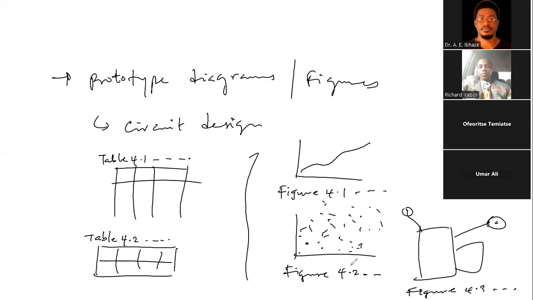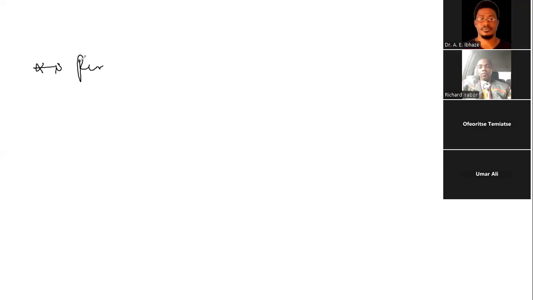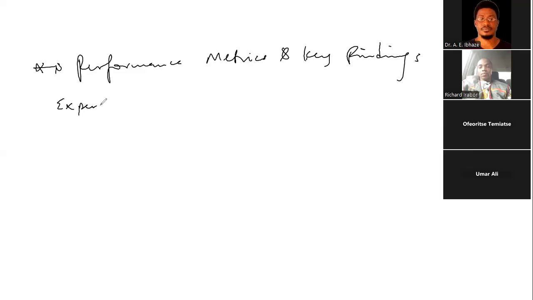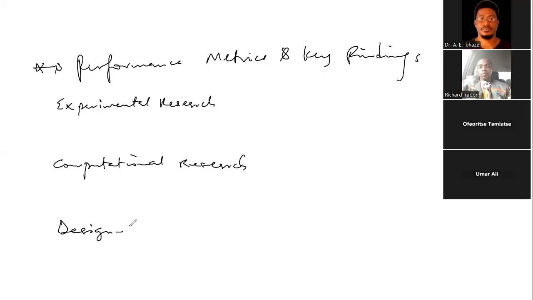And then another thing you now want to also include will be the performance metrics and key findings. So we already mentioned that we could have experimental research. We could also have computational research. Or could have design-based research.